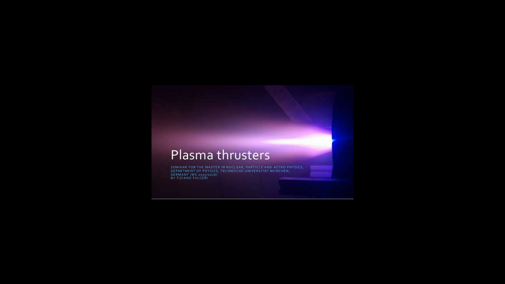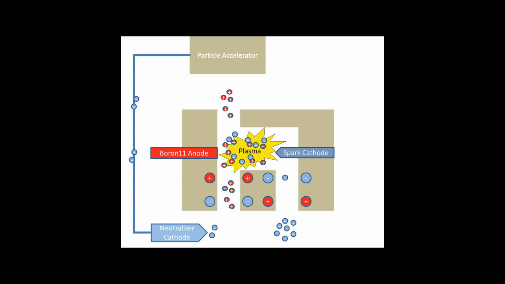V_E is the effective exhaust velocity. V_E equals I_SP times G_0, where I_SP is the specific impulse expressed as a time period and G_0 is standard gravity. ln refers to the natural logarithm function.